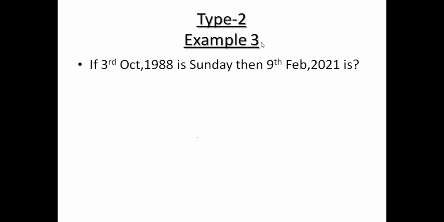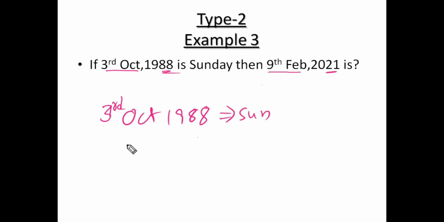Type 2, third example. Here the date is not the same: 3rd October 1988, if it is Sunday, then 9th February 2021 will be what? The gap is also somewhat high.